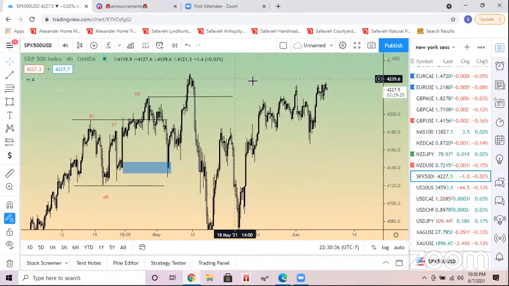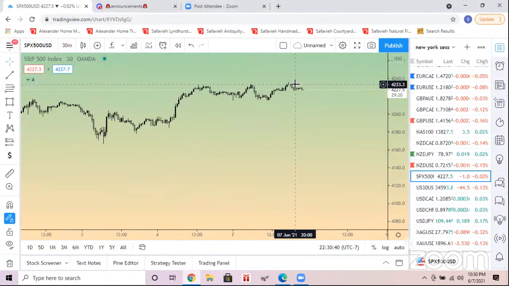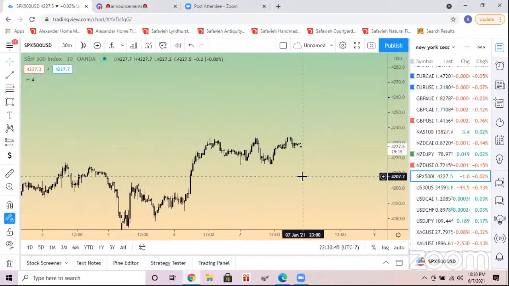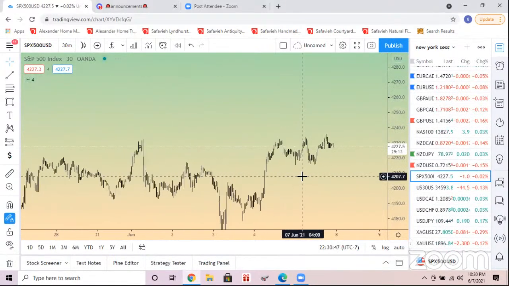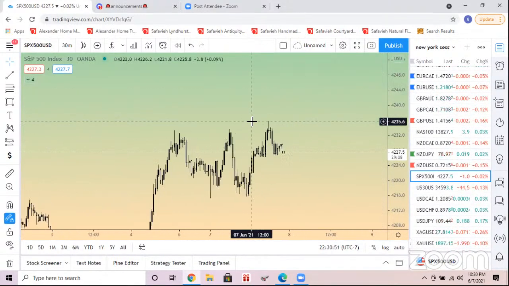Looks like we're up in our ETAB right now in SPX. Might be getting a distribution here.